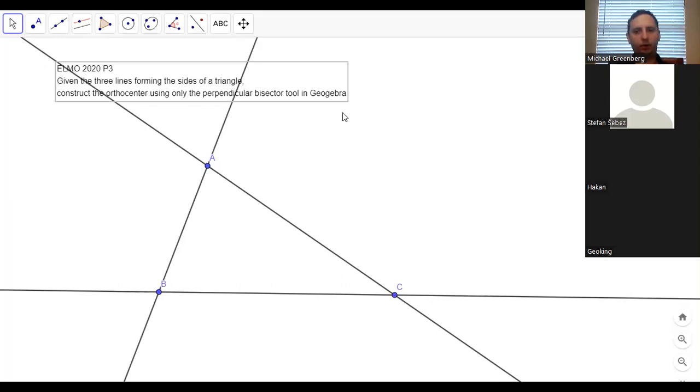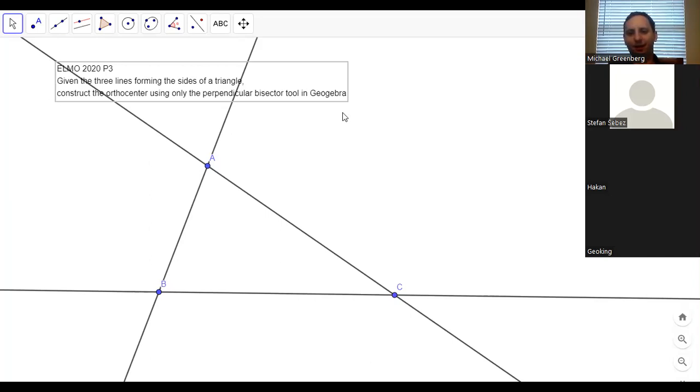How do we do the 9-point center? Oh, well, we can just mark the midpoints of sides and then mark its center. Oh, good point. So we could do the 9-point center that way. We can also do circumcenter, so that is pretty close.